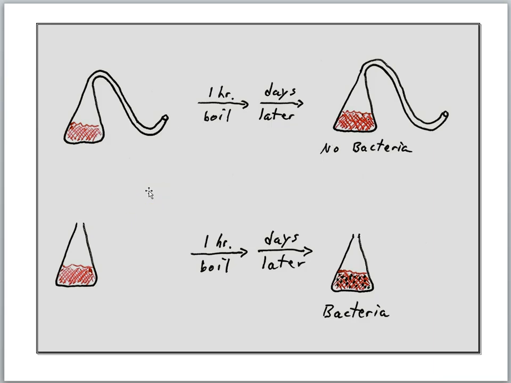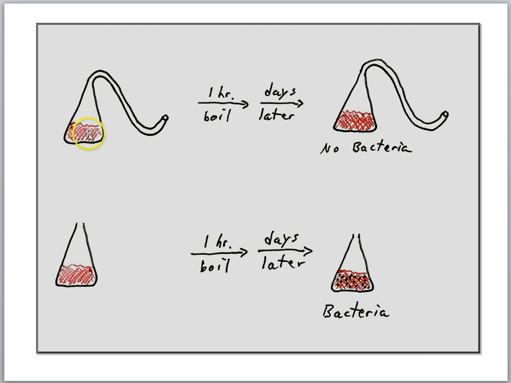In the end, then, Pasteur concluded that spontaneous generation is not happening with respect to bacteria. Bacteria come from other bacteria, in this case, bacteria in the air. No longer could a believer in spontaneous generation say that the failure of bacterial growth here is because the vital force couldn't get to the broth. The flasks were open.